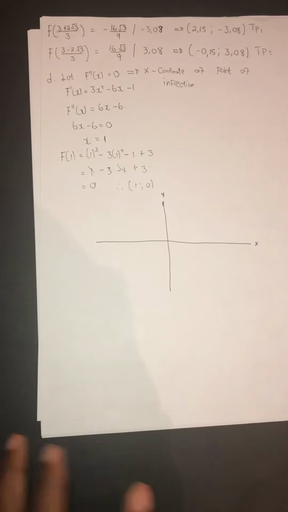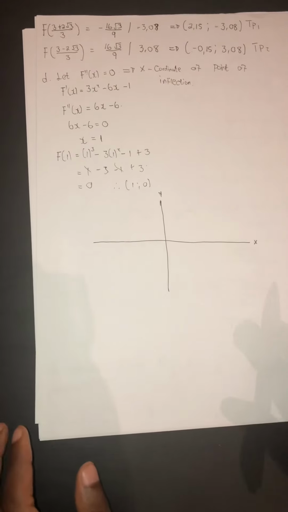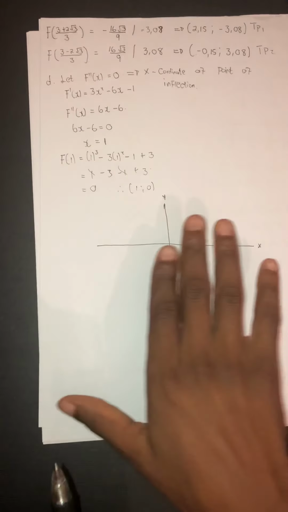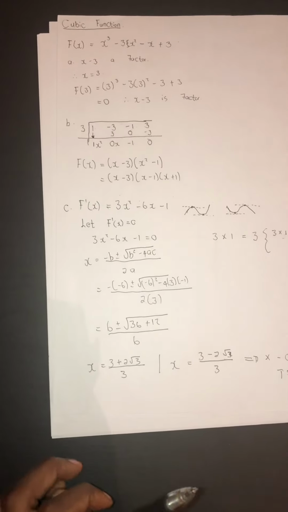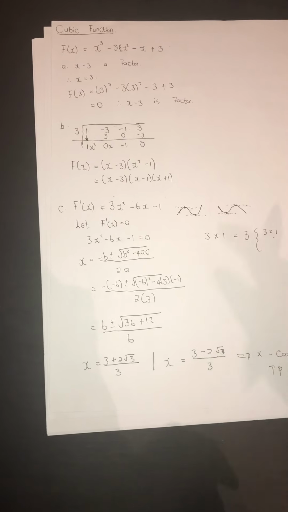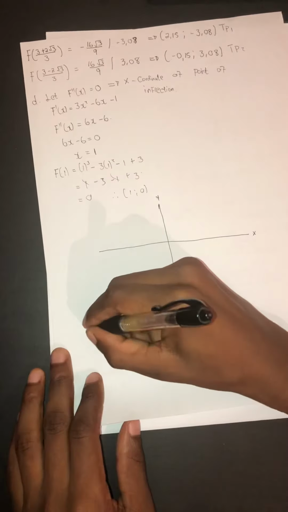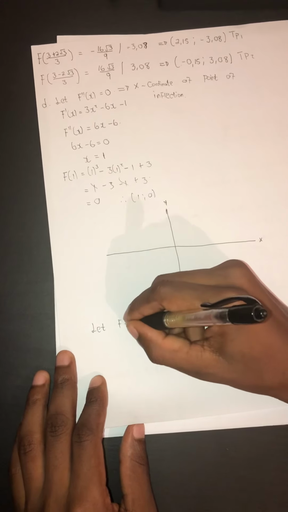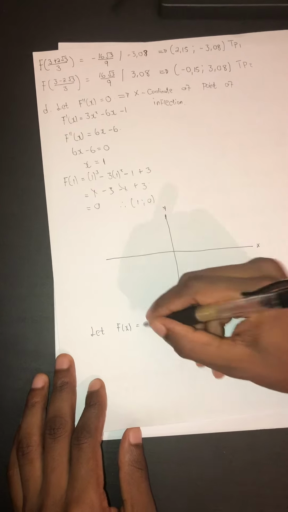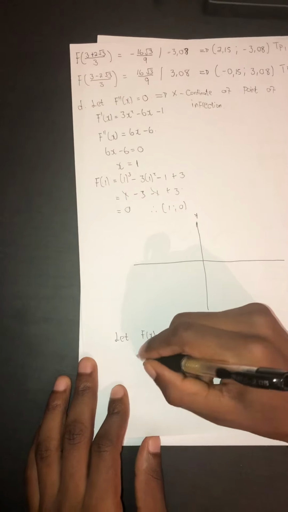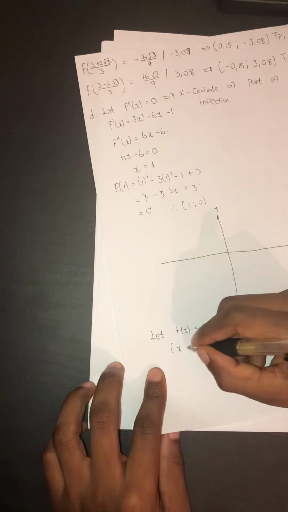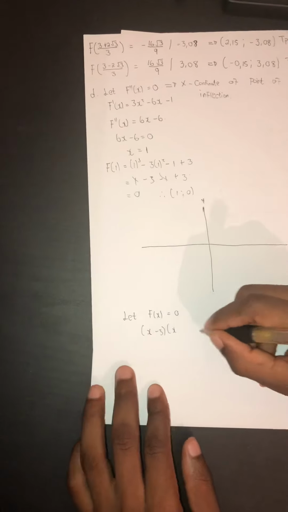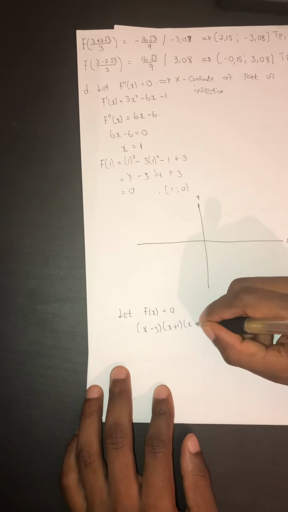and my x-axis, I know that my turning points, let me just check on the previous. For my x-intercepts, you let f of x equal 0, and since we do have this factorized, I could say this is x minus 3, x plus 1 and x minus 1.